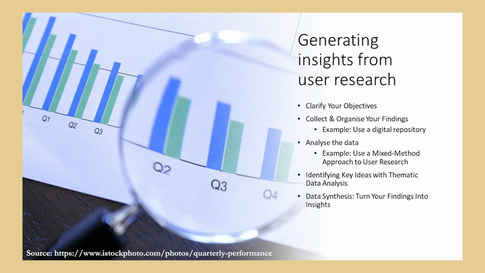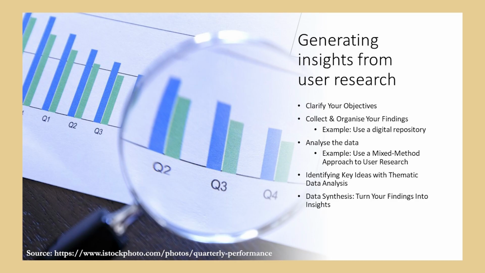The next technique that you can use to nail down your problem definition is generating insights from user research. So, where you clarify your objectives. You take your objectives and clarify them, you collect and organize your findings. Based on your user research you clarify what is the objective of this design process in the first place.